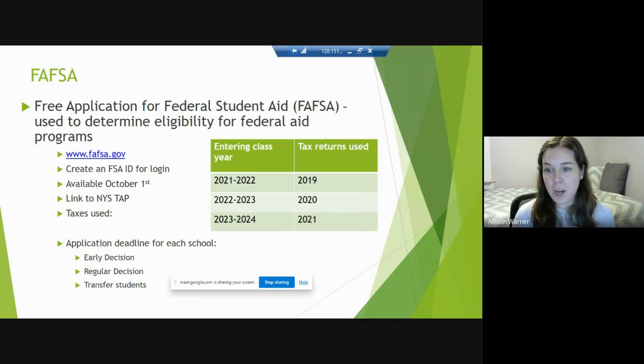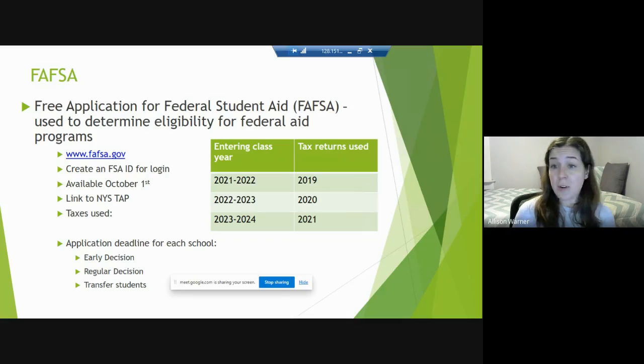You will also need your FSA login information when you complete other necessary aid action items like the master promissory note or loan counseling. That's all still required in order to complete those steps. It is available October 1st every year for the next academic year.